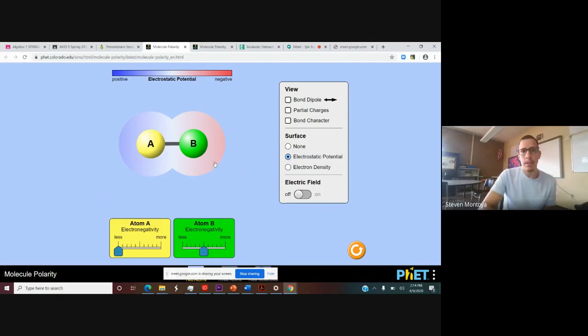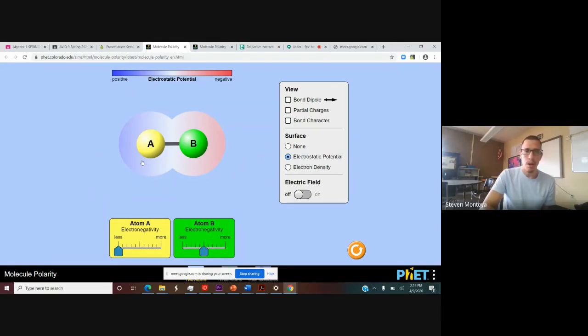Notice how you get this field around your molecule, right? And you get a bar above that that says electrostatic potential. This field around the molecule is a charge field.